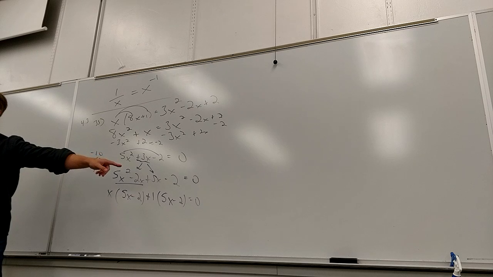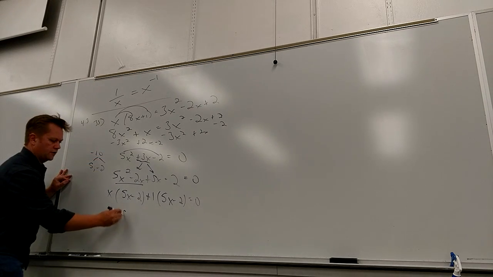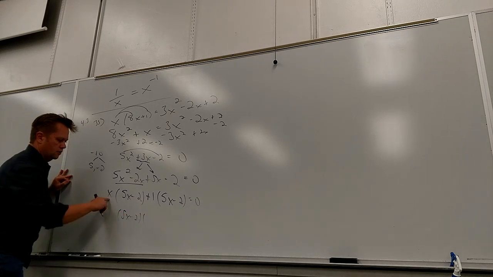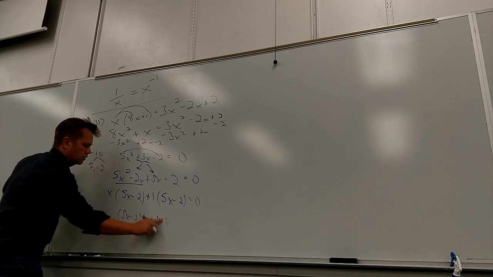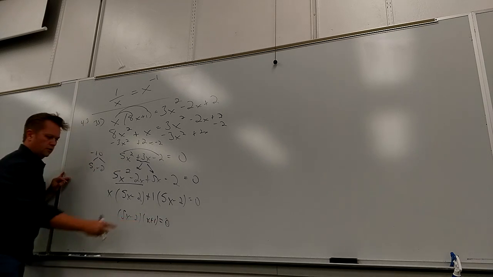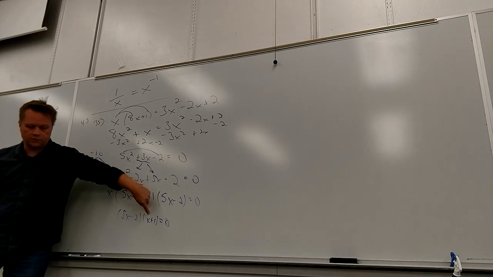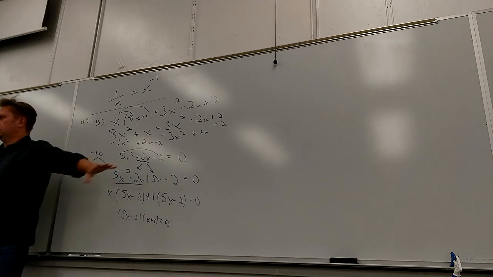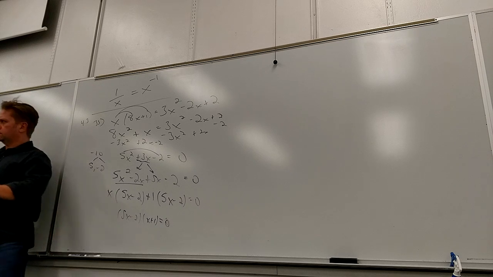So how do you factor this? 5x minus 2? X plus 1. Got it. And then you set each one equal to 0. Now you can do that, because I have a number times another number is 0. One of them has to be 0. So you set each one of them equal to 0.